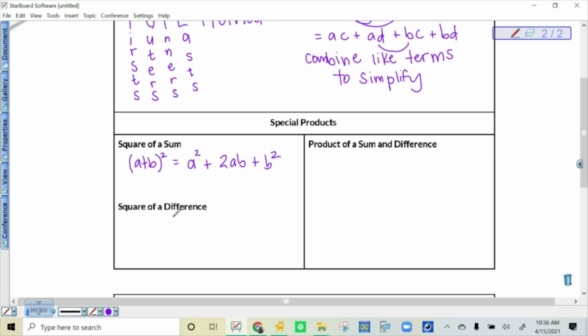Okay, and then square of a difference, really similar, right? But it's a minus b squared, and that equals a squared minus 2ab plus b squared.